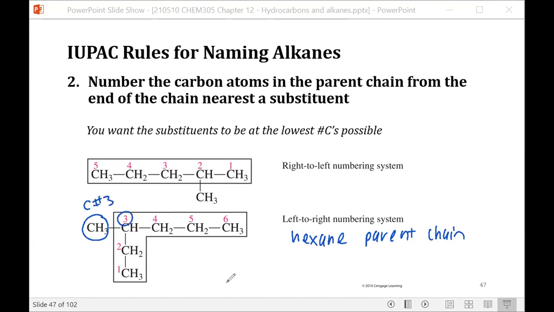If we did it the other way around, 1, 2, 3, 4, 5, 6, now our substituent would be at carbon number 4. We want it at the lowest number possible, so it's number 3 if we number it the other way around. So after you identify the parent chain, you number it so that any substituent groups are at the lowest possible numbered carbons.